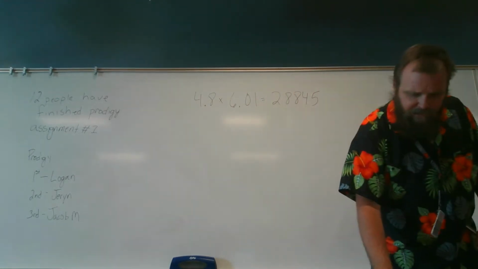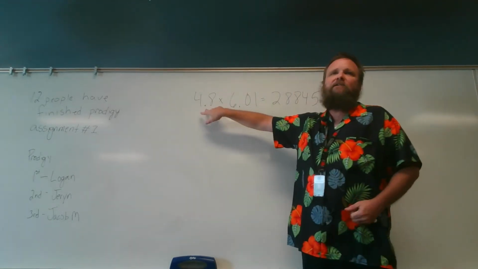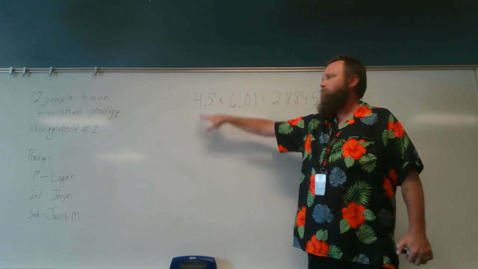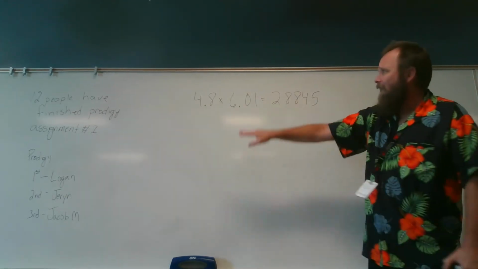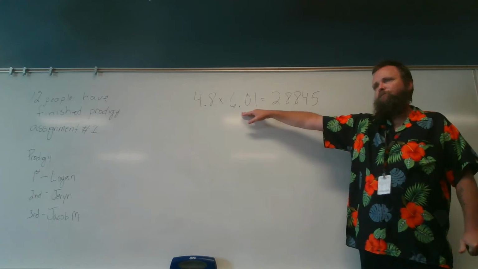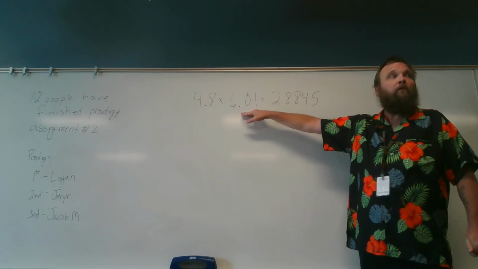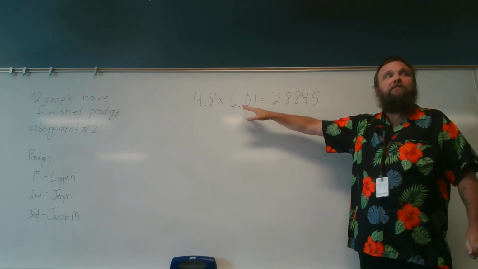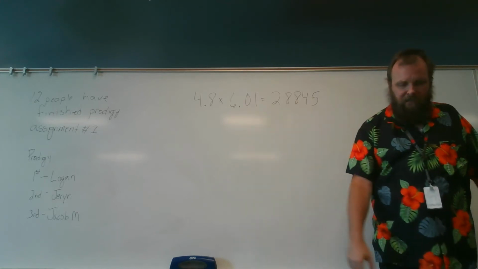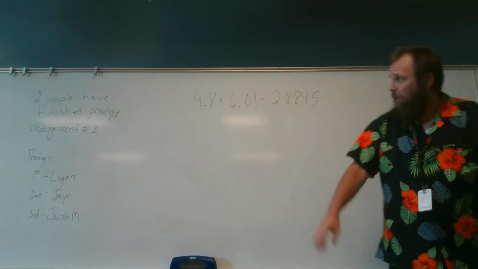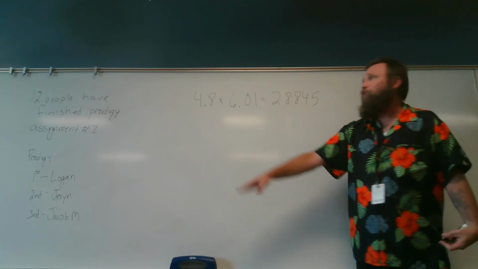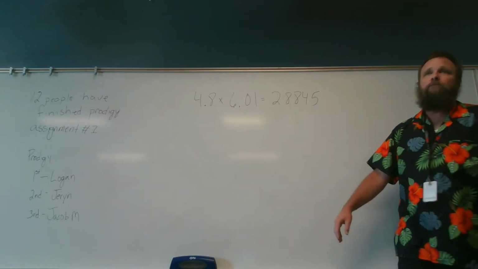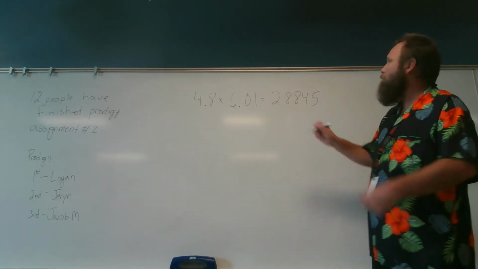And let's call on Zen. How do you say this factor? 4 and 8 tenths. And Ashley, how do you say this factor? 6 and 1/100th. And Nathan, where do you think my decimal point's going to go? After the 28. Why after the 28?